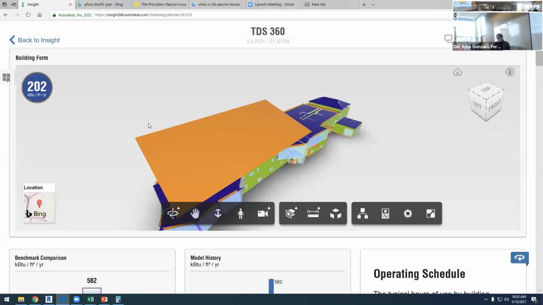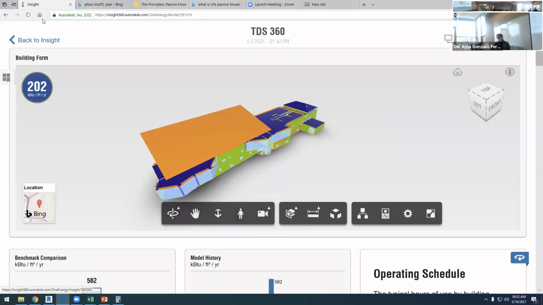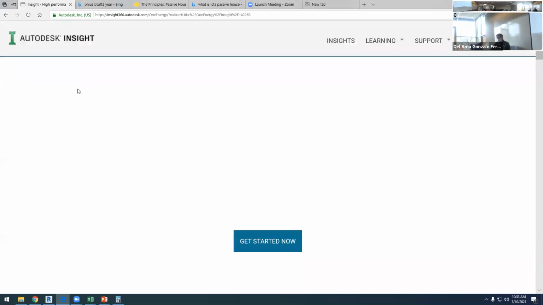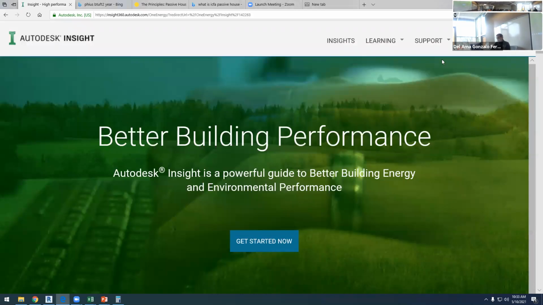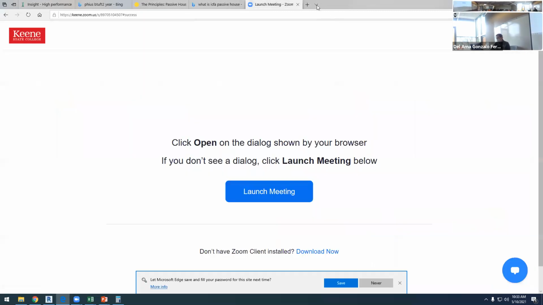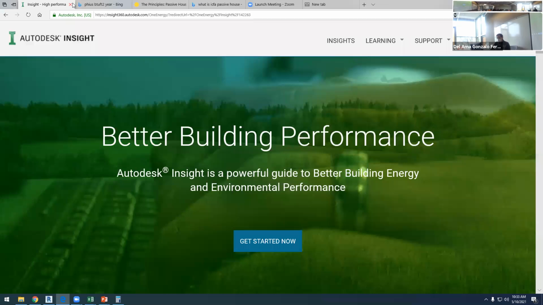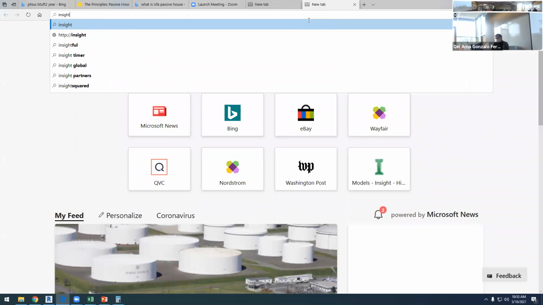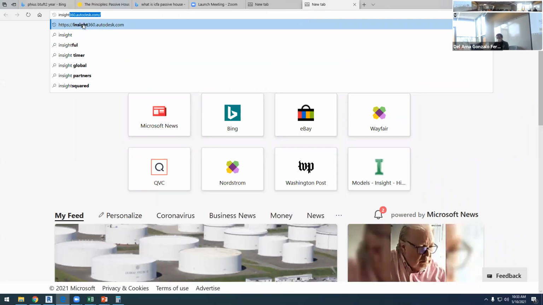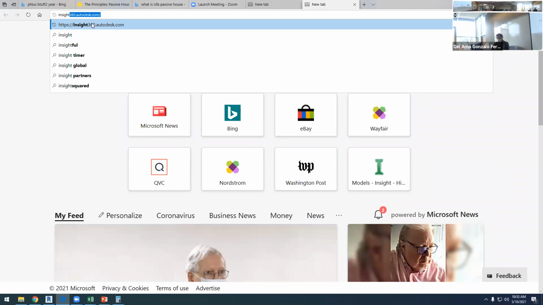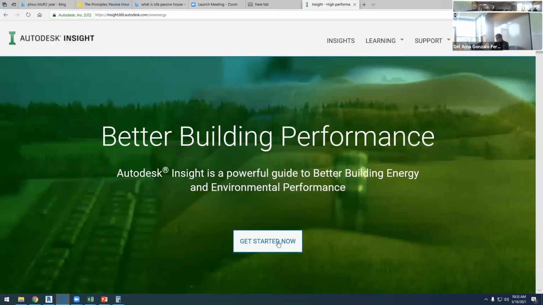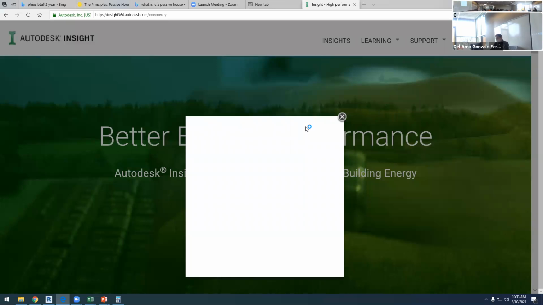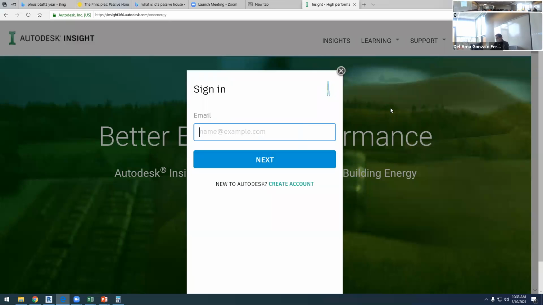Well, this is the Insight. If you want to open that analysis, you can type insight360.autodesk.com. Get started. And we have to sign in.